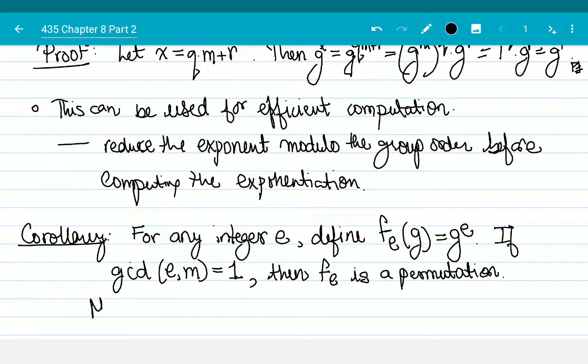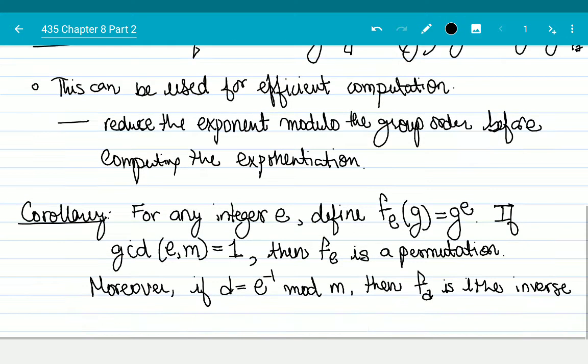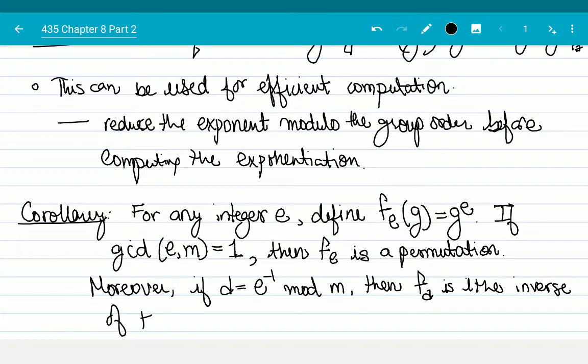Moreover, if d is equal to e inverse mod m, then f sub d is the inverse of f sub e.